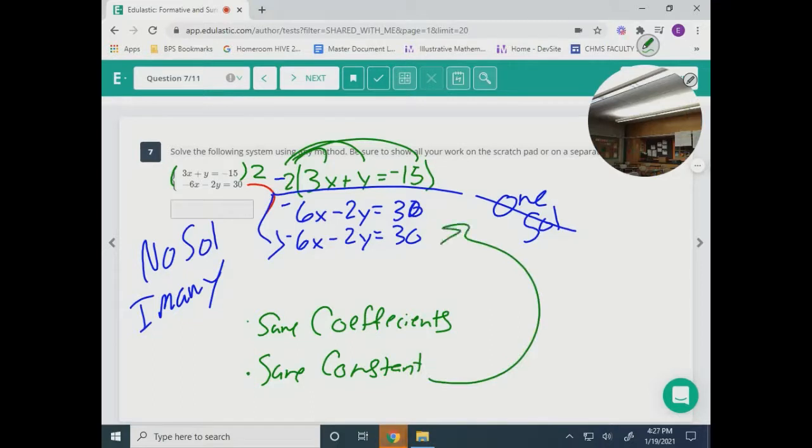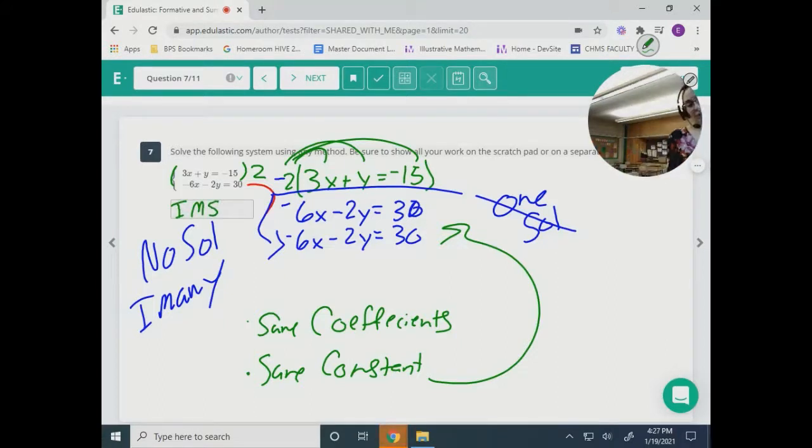I'm using the word constant because this is a standard form equation. What kind of solution does that mean we're going to have here? You're right, infinitely many solutions.